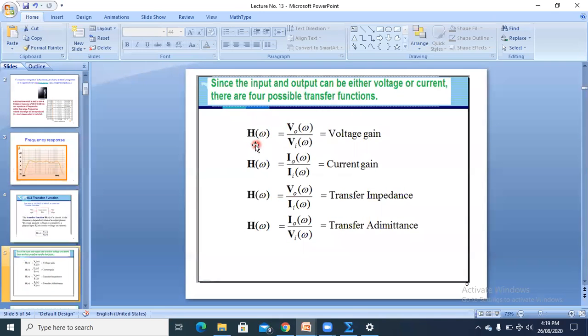So the frequency response determines the gain in terms of voltage and in terms of current, in terms of transfer impedance, and in terms of transfer admittance.